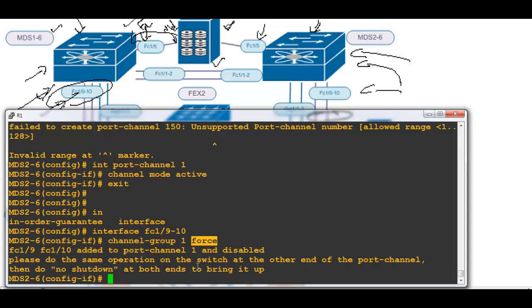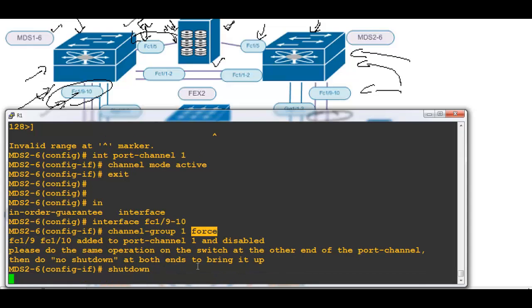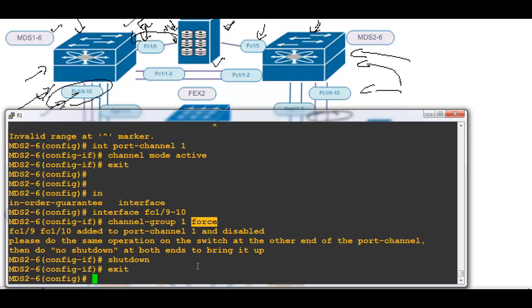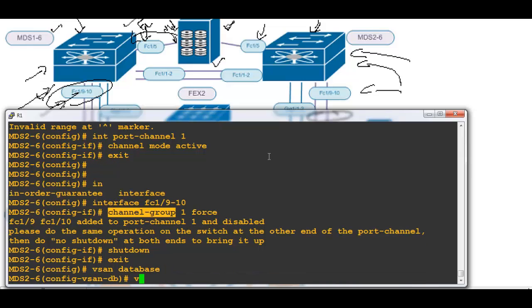Now, one thing I want to recommend to avoid confusion: keep this as shut down. As for now, keep this as shut down. There is no other configuration that needs to be done there. You just did channel group 1 force. Now go to vSAN database, and we created vSAN 200.